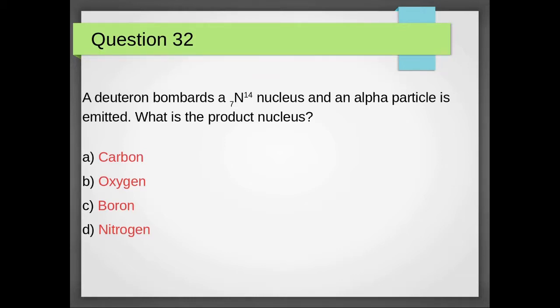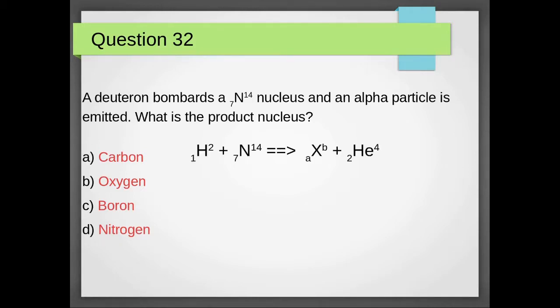So similar to a chemical reaction, we write nuclear reactions with the left hand side and the right hand side, and there are two laws that determine the balance between the left and the right hand sides. So we'll have to fall back on that principle to find out what the product nucleus in this particular reaction would turn out to be.